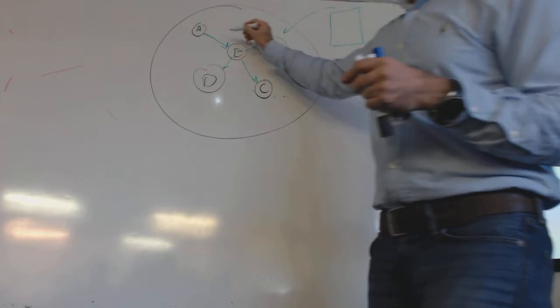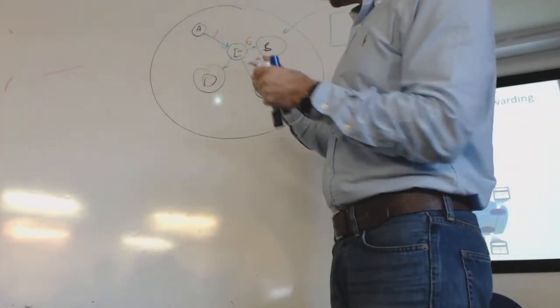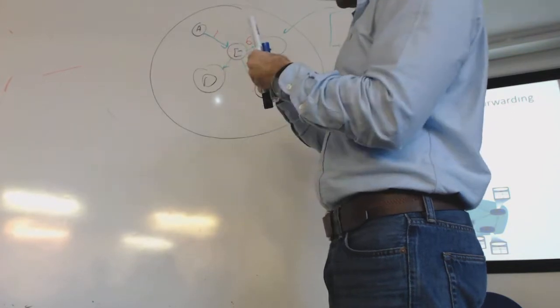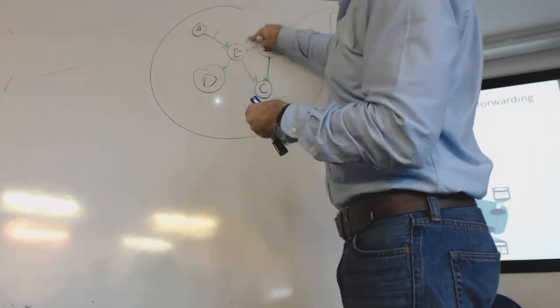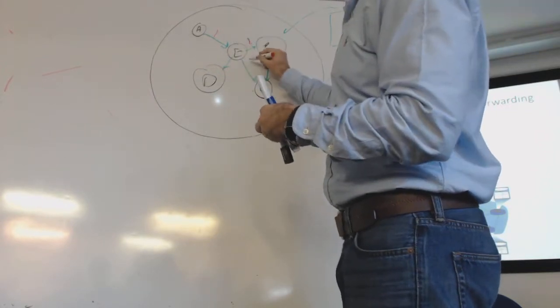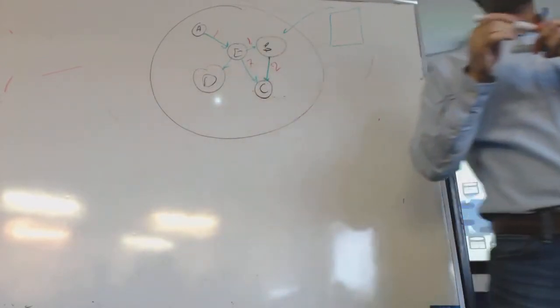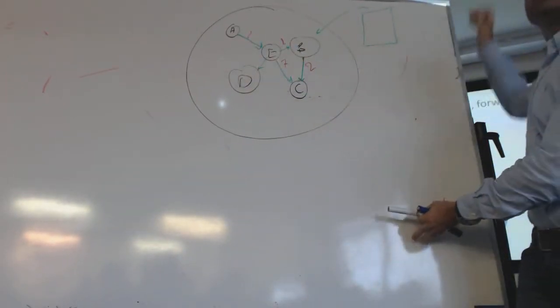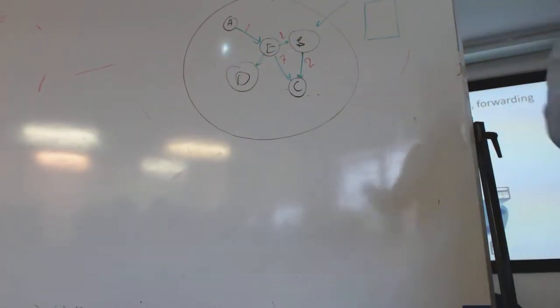So if I want to get from A as a source to C as a destination, you can choose any path you want.